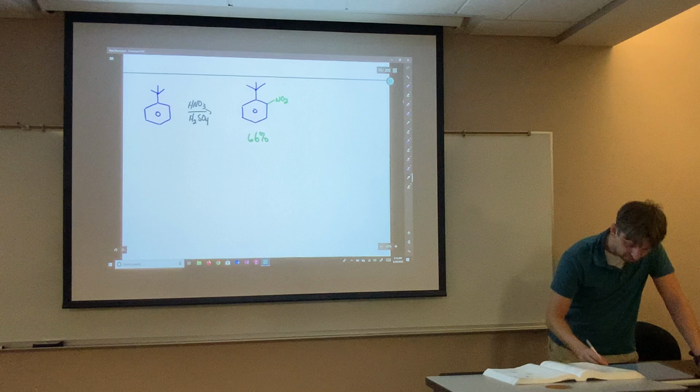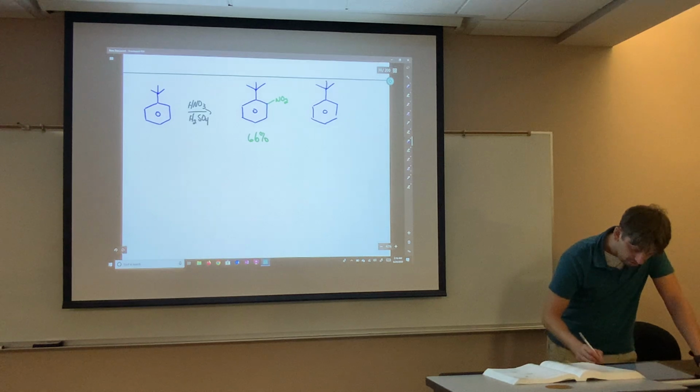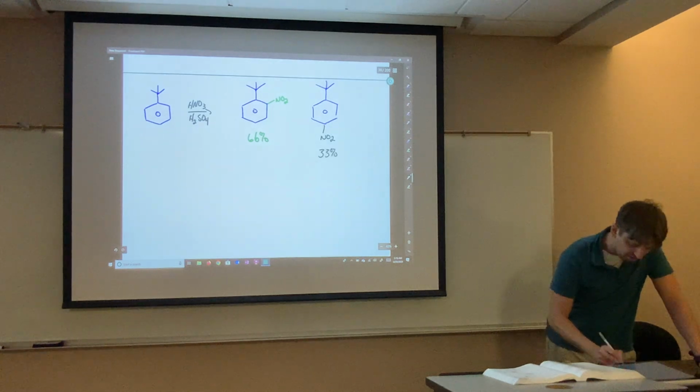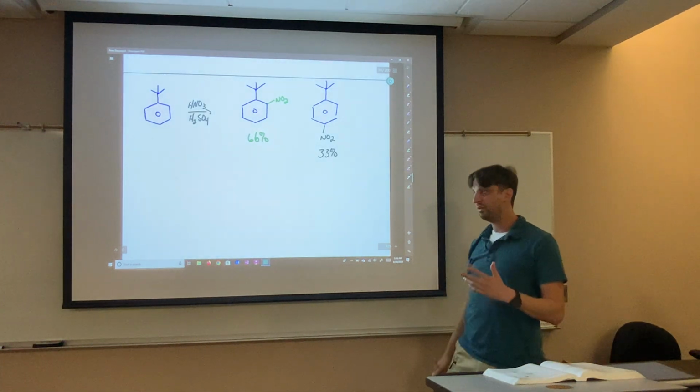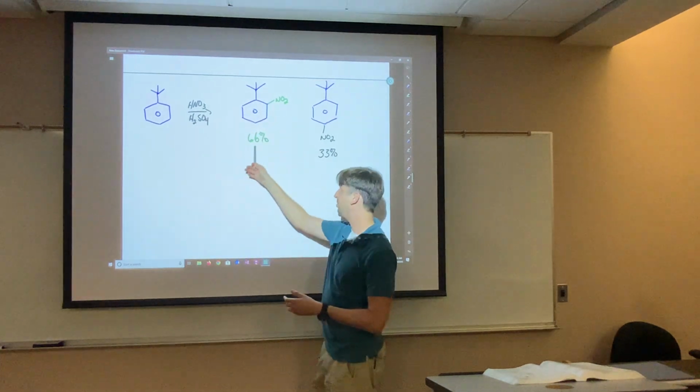Whoops, I meant to do this in blue. All right, so the ortho in green there, and we would expect to see this about 33% of the time. Does that make sense? You guys following along, right? These two positions are equal, and both of those are 33%, blah, blah, blah, right?